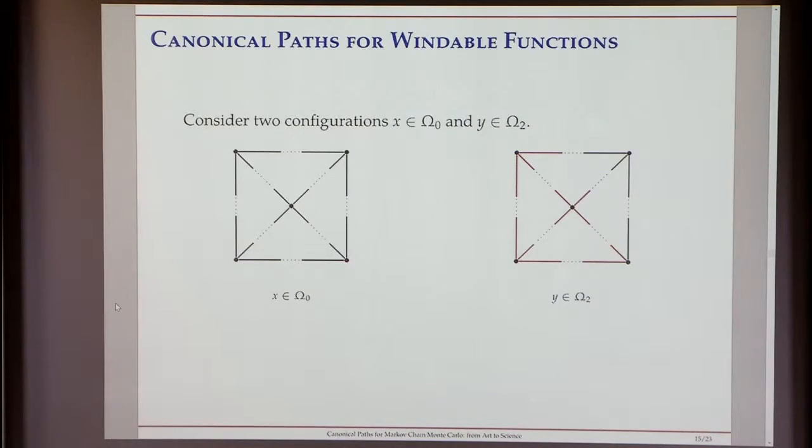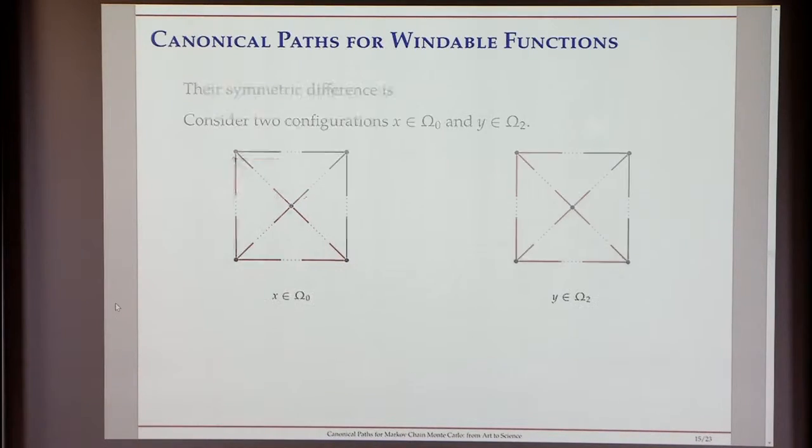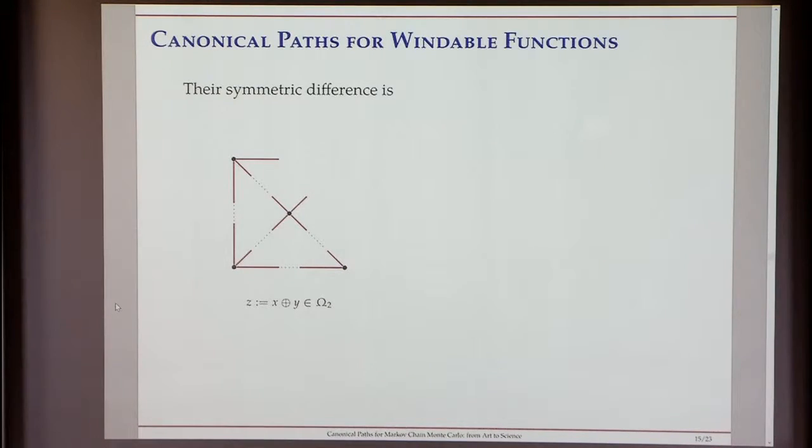And then we want to define the canonical path from x to y. So the first step is to take the symmetric difference of these two configurations. Okay, so for this simple example, their symmetric difference is just the same as y. Okay. So then our configuration is just an alignment on the half edges.